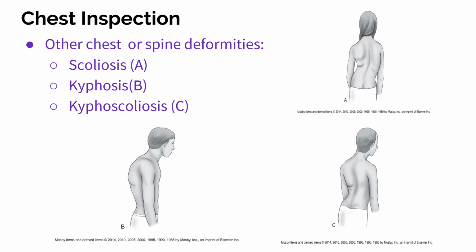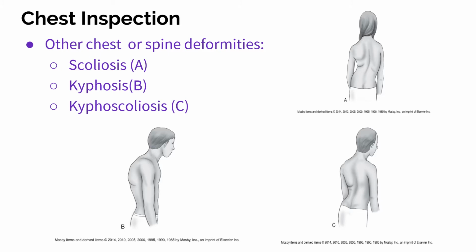You also want to know this for sure, your chest inspection and what all these different curvatures or spine deformities mean. You have scoliosis there on your upper right. Scoliosis is basically like an S. You have a curve of your spine, just like a snake, S. And kyphosis is more like a camel, more of that hunchback or roundedness.